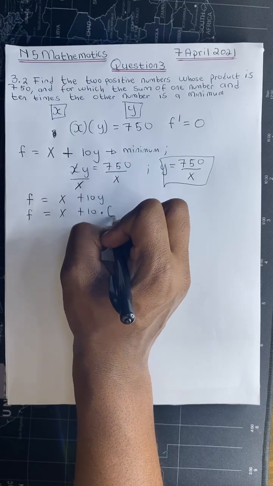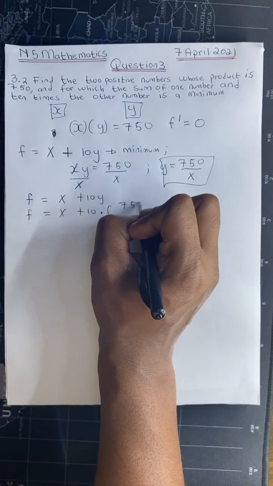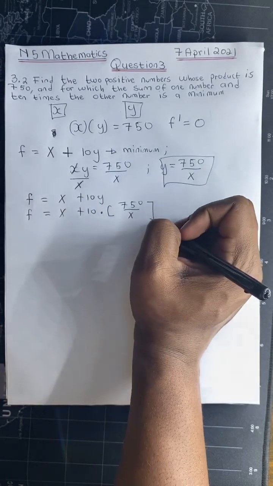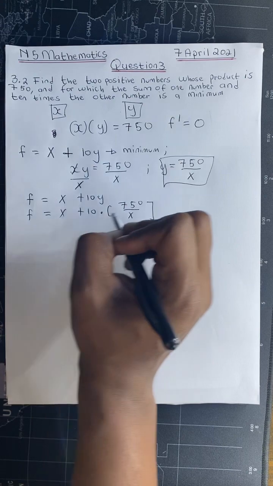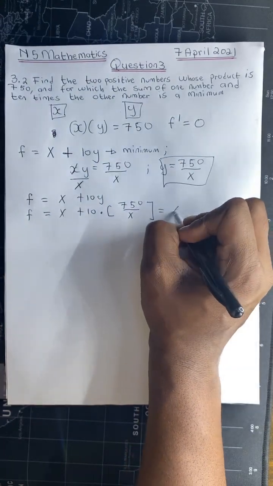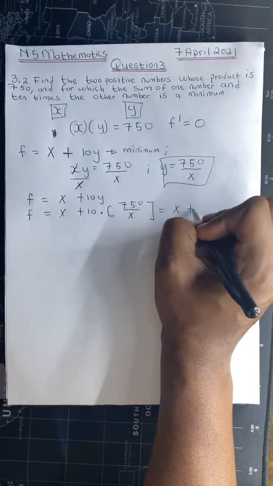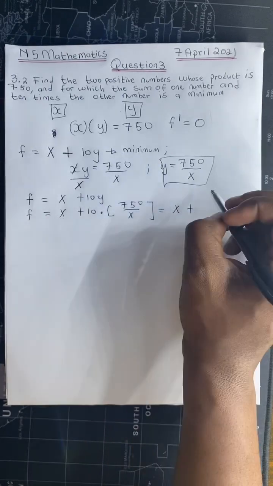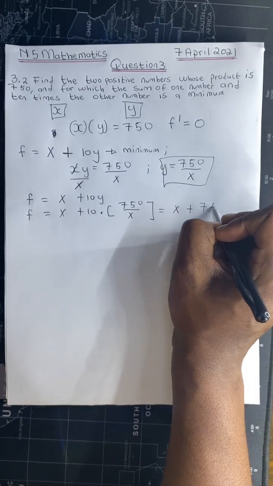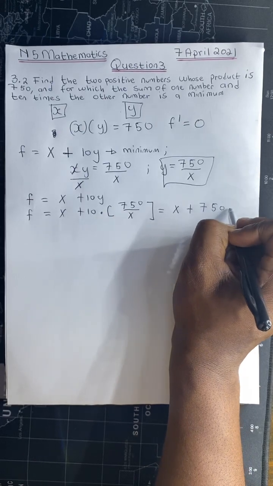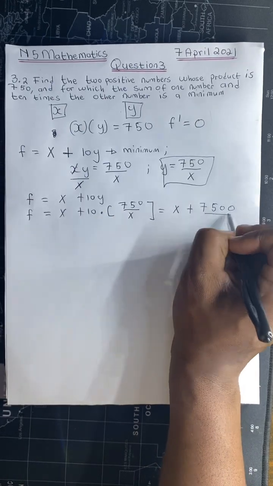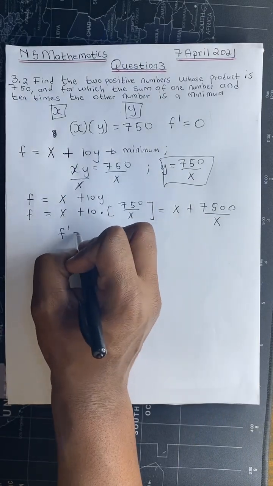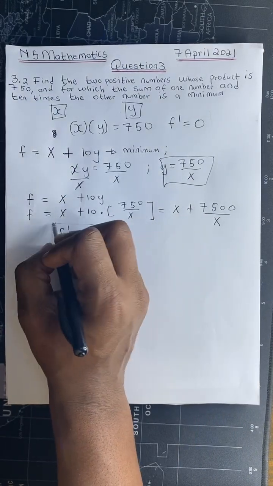Where there is y, we substitute 750 divided by x. And this will be equal to x plus 10 multiplied by 750, which is 7,500 over x. So when we differentiate this and equate it to 0, we will get our minimum.